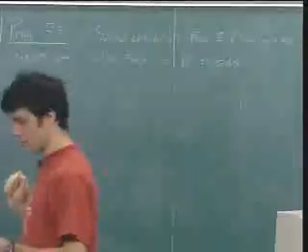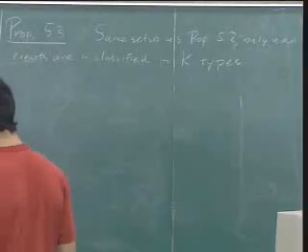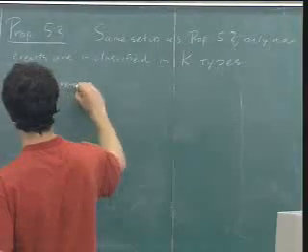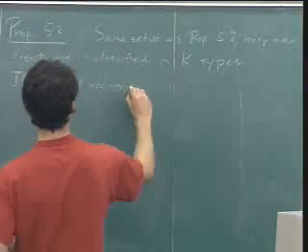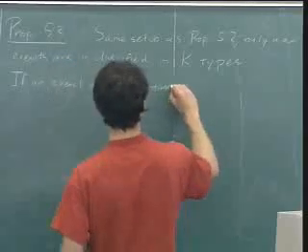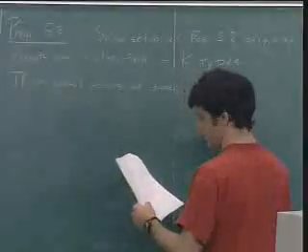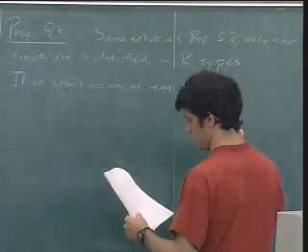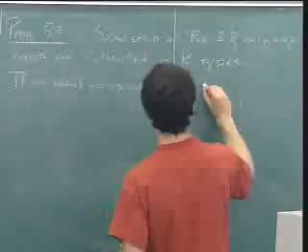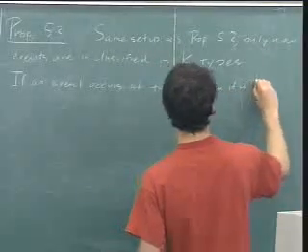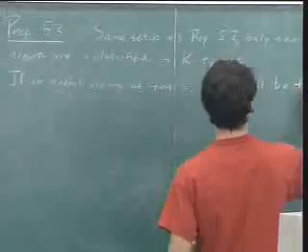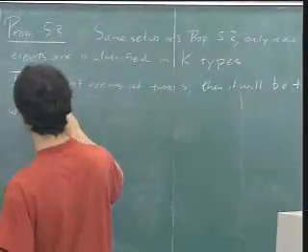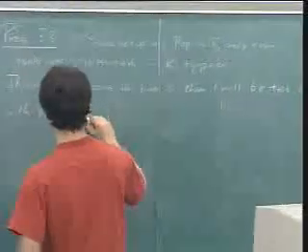And we also know that if an event occurs at time s, then it will be type i with probability p_i(s).